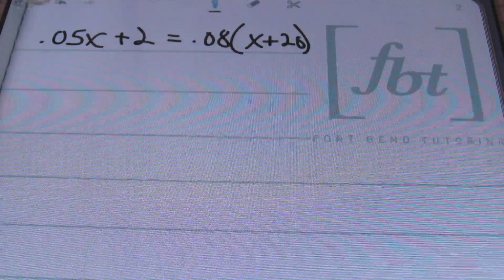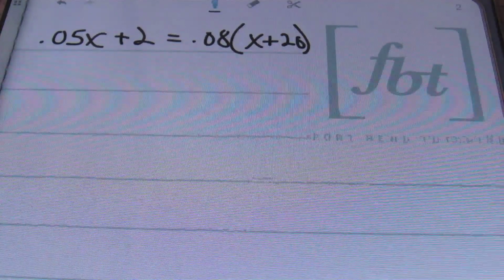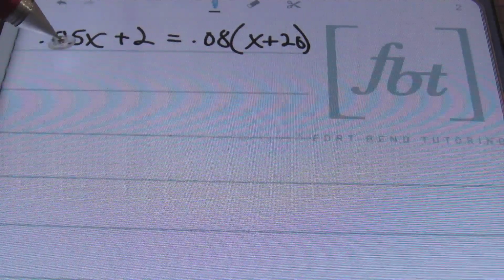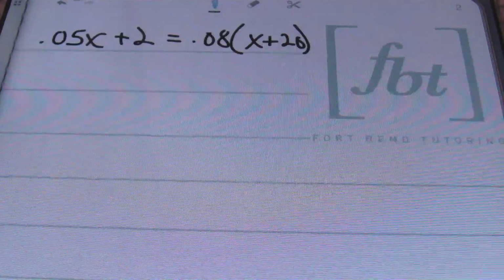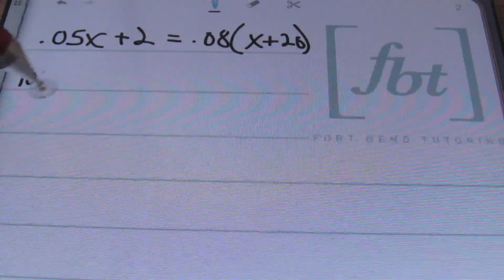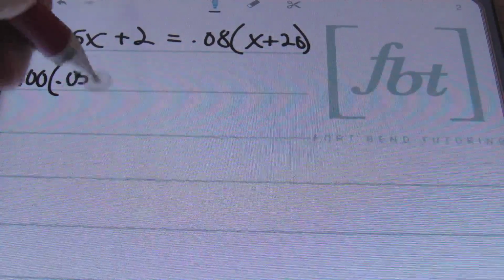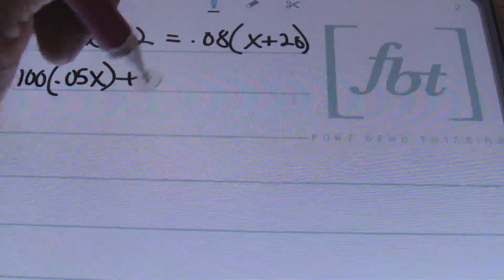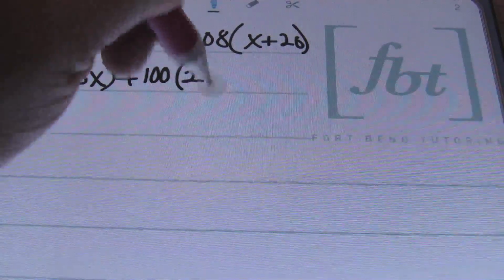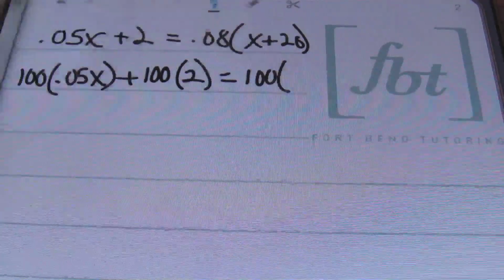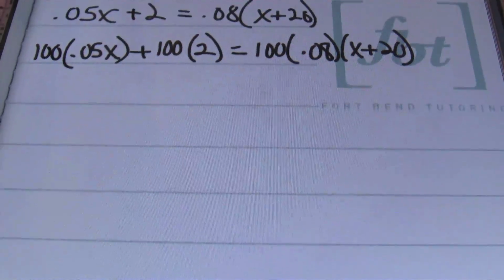Solving my word problem, I want to get rid of these decimals. So I'm going to multiply each and every term by 100, the hundredths place, the smallest place value. What that'll do is get rid of my decimals. I don't like dealing with decimals, so I like to get rid of them.